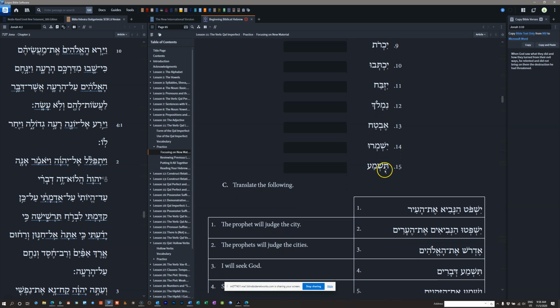And then number 15, we've got tishma. We've got a prefix letter of tav. That tells me I've either got 3FS or 2MS because I have no suffix. Tav plus no suffix tells me I'm in the singular. I know it's not 2FS because in the 2FS I would have a heroic yod.